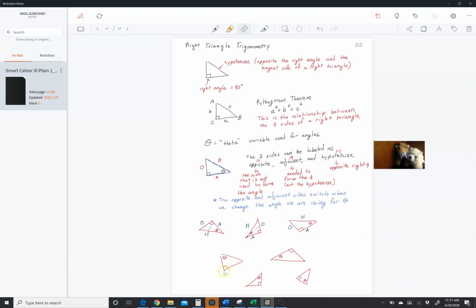Here, the hypotenuse is across from the right angle. The opposite is across the theta. And then the adjacent connects both. It's used for both angles.